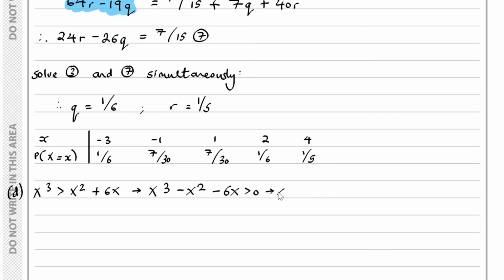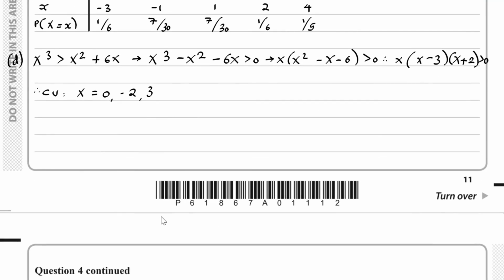So we have x lots of x squared minus x minus 6 being greater than 0. So therefore we have x lots of x minus 3 lots of x plus 2 being greater than 0. So our critical values, we have x equals 0, minus 2, and 3.